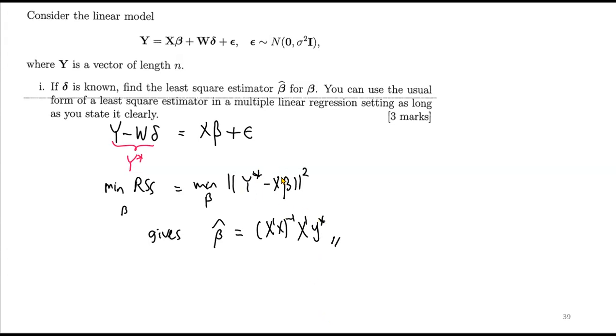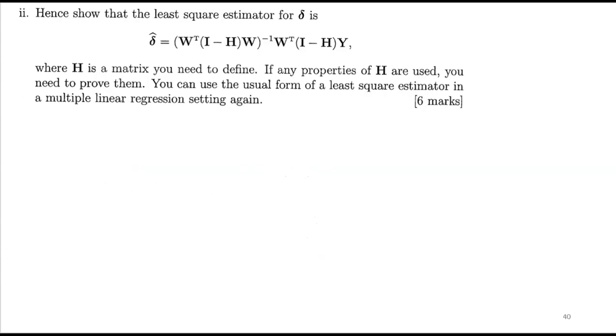Now note this, because we'll be looking at this form in the next part of the question. This question requires me to prove any properties of this hat matrix if I use them, so I'll leave that to you.